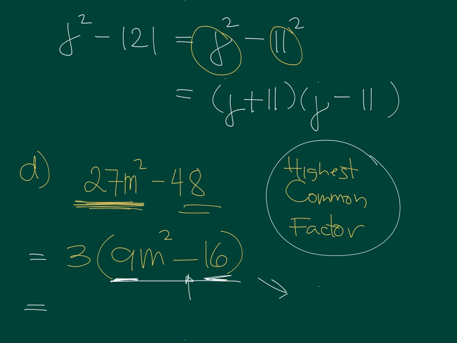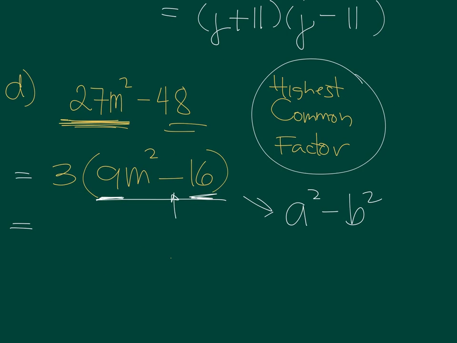It follows exactly the form a squared minus b squared, the difference of two squares. So that means we still have to factor this into two more factors.